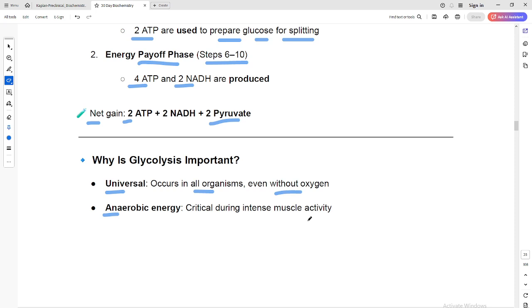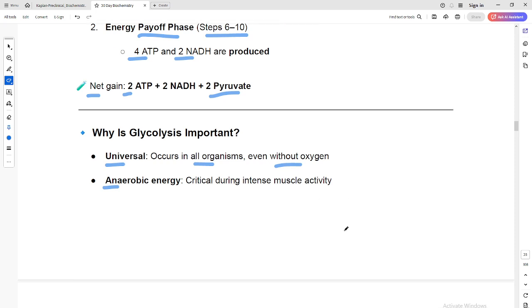We need anaerobic energy in cells like RBCs, which contain no mitochondria. Okay, we also work anaerobically in the muscle during intense muscle activity, when aerobic metabolism reaches its maximum and I still need more energy, so I use anaerobic energy.